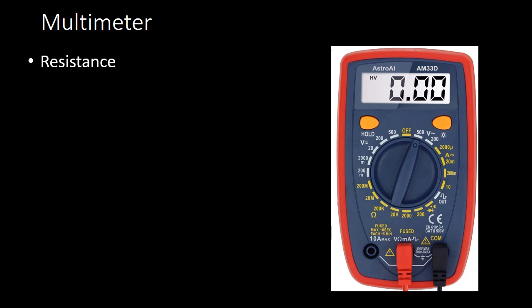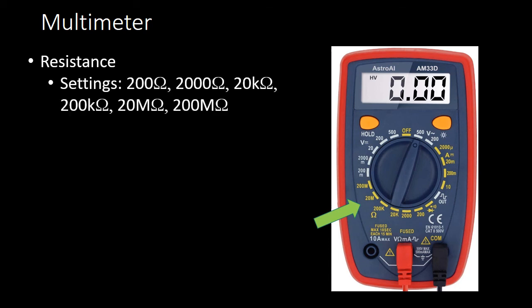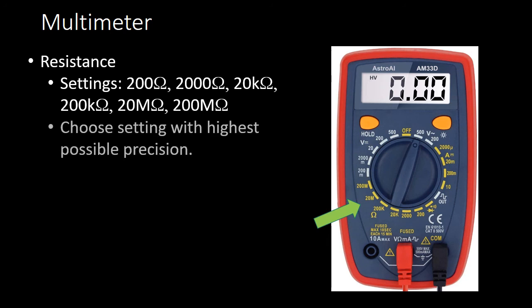In order to look at resistance, we need to consider all of the settings that are along the southwest and south side of the dial. The settings that are possible range from 200 ohms all the way up to 200 mega ohms. And as is true when we're using the multimeter as a voltmeter or an ammeter, what we need to do is choose the setting that has the highest possible precision.